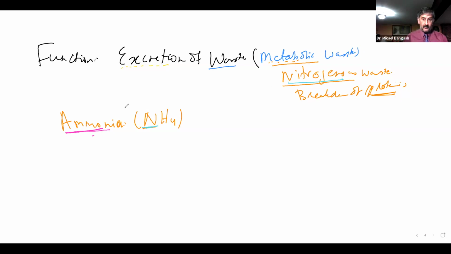Another, which is going to be a nitrogenous waste from breakdown of other kinds of proteins, is going to be urea. Okay, as I said, mainly a breakdown product derived from proteins or amino acids.